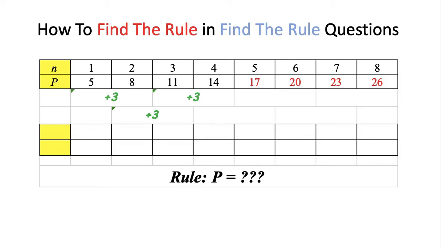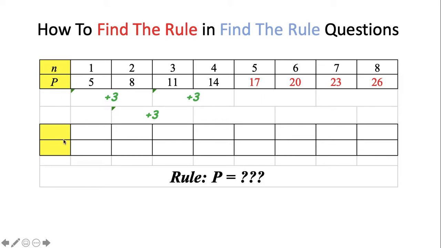Now, when you've got a linear rule like this, and they're just going up by a certain amount every time, that certain amount gives you a big clue as to what the rule is, because every time the n's are going up just by 1, it's making the p's go up by 3. So that's giving you the clue that working out the p's involves somewhere multiplying the n's by 3.